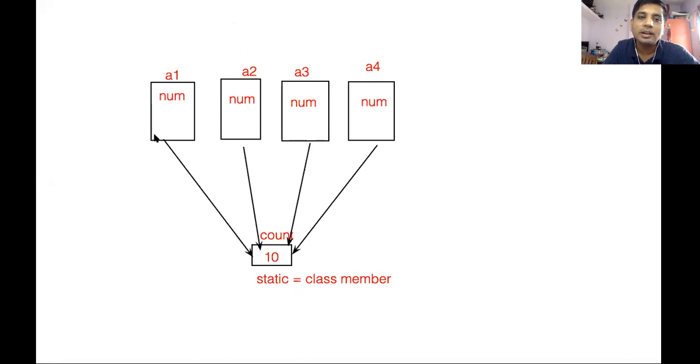So it means that for every creation of an object, that variable's memory gets allocated. So now there are 4 nums, but only one count variable is there. That is the difference between the static member and the non-static member. The program for that static and non-static, I will explain in the next upcoming classes.